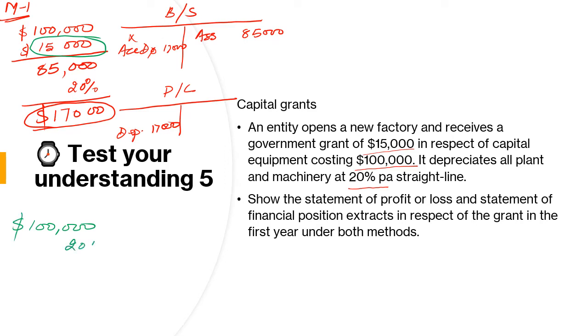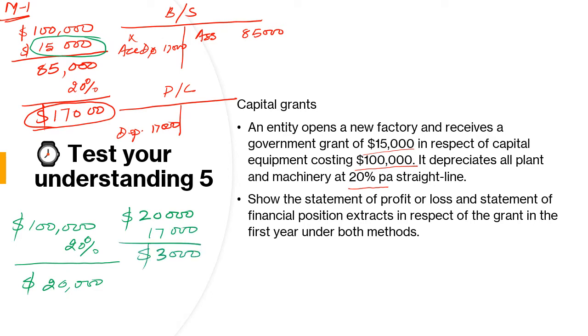So 20% of $100,000 is $20,000. What is extra depreciation? Extra depreciation is $20,000 less $17,000. So 3,000 is the extra depreciation.